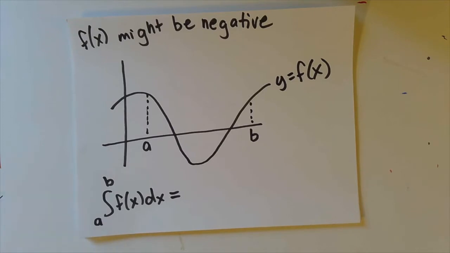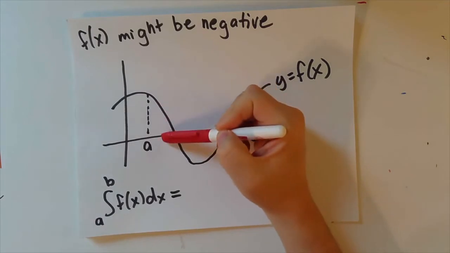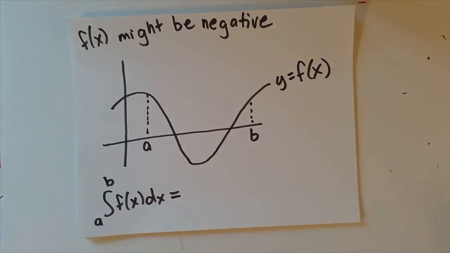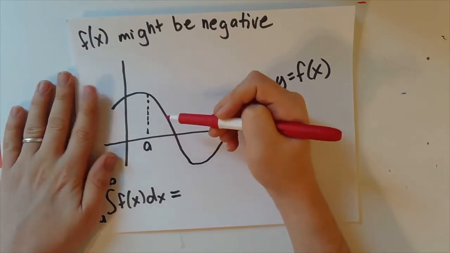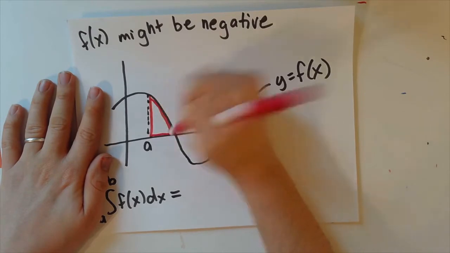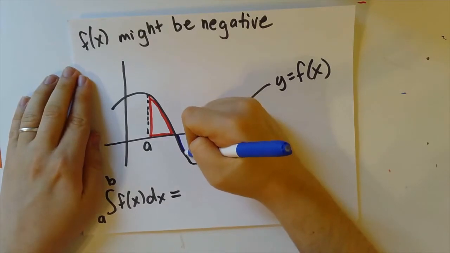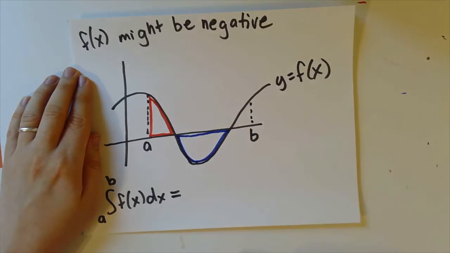Before I do anything, I want to shade or highlight the area between the graph and the x-axis, and the line x equals a and the line x equals b. Remember, going up and down, you're always going between the graph and the axis, no matter which is on top. So I'm going to get this region, and then this region, and then this region.